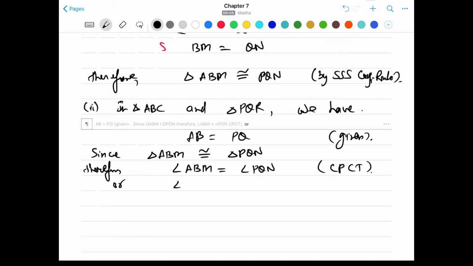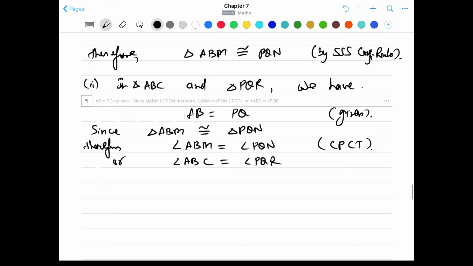We can write this angle ABM as ABC extended till point C, and also we can write PQN as PQR.